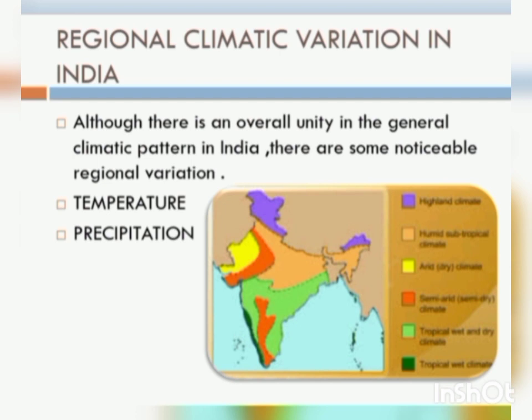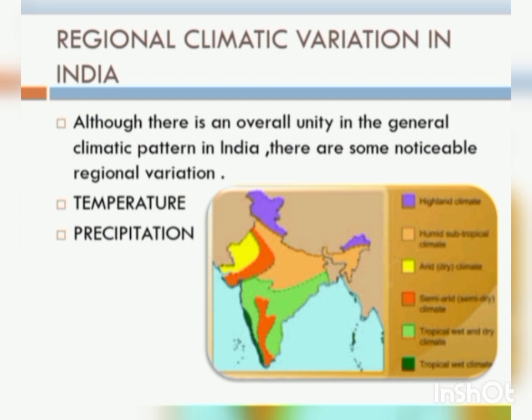There is also a variation in day and night temperature in some parts. For example, in the Thar desert, the day temperature may rise up to 50 degrees Celsius and drop down to 15 degrees on the same night. Also, there are regions such as the Andaman and Nicobar Islands or Kerala where there is no such variation in day and night temperature.